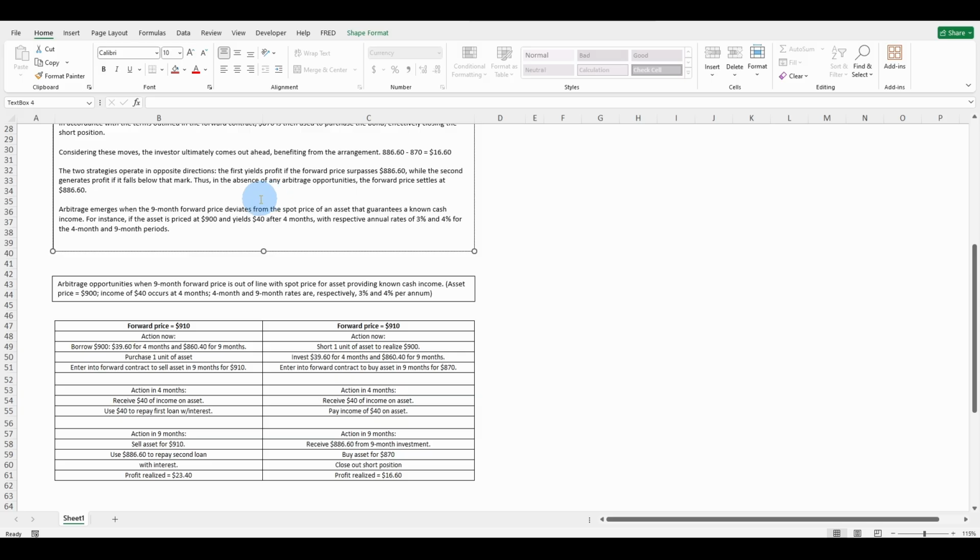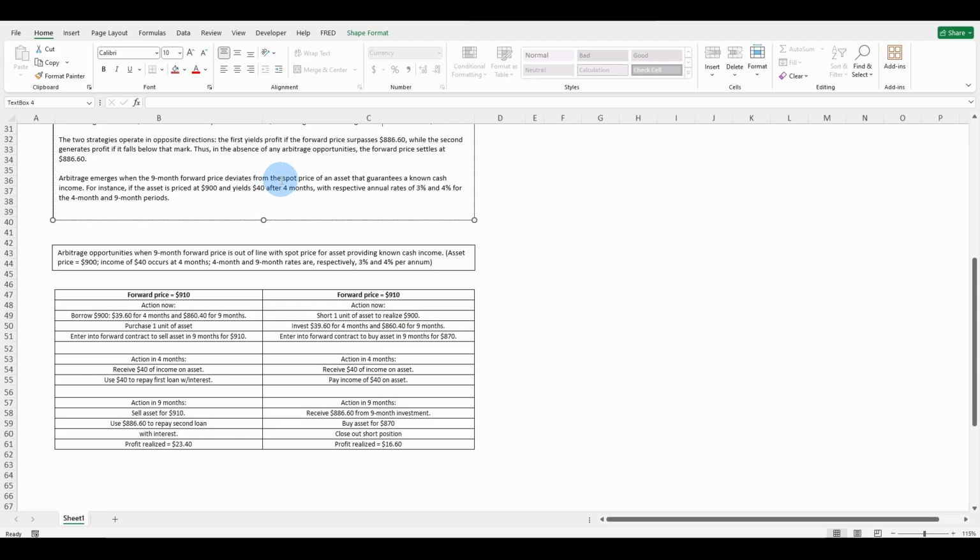The two strategies operate in opposite directions. The first yields a profit if the forward price surpasses 886.60, while the second generates a profit if it falls below that mark. Thus, in the absence of any arbitrage opportunities, the forward price settles at 886.60.